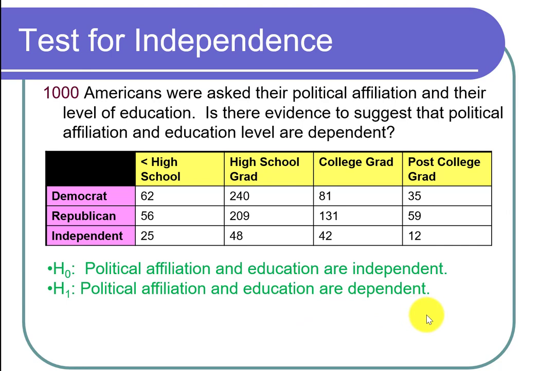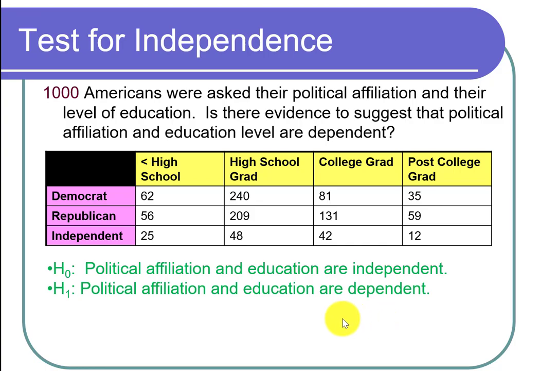And we want to test this hypothesis. Now there's no observed and expected that we have to worry about. Pretty much the way the calculator works is you just put in the table and it'll let you know. It'll give you your chi-squared and it'll give you the p-value.